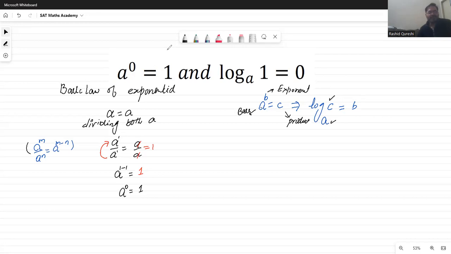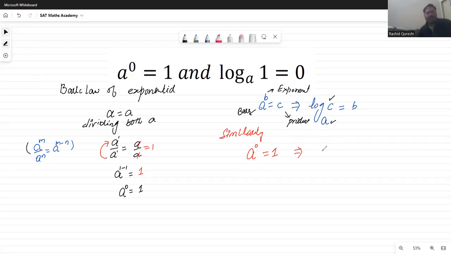The same rule you have to apply with the help of, suppose, the red marker. Similarly, whenever you have a raised to power 0 is equal to 1, this a is called the base, 0 is the exponent, and 1 is the product.